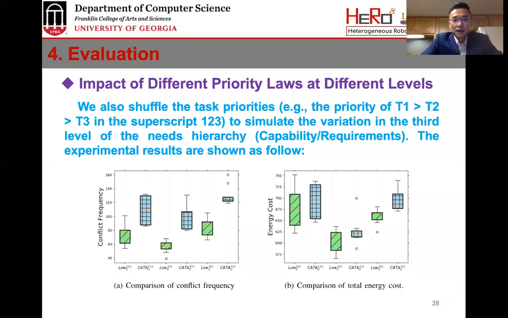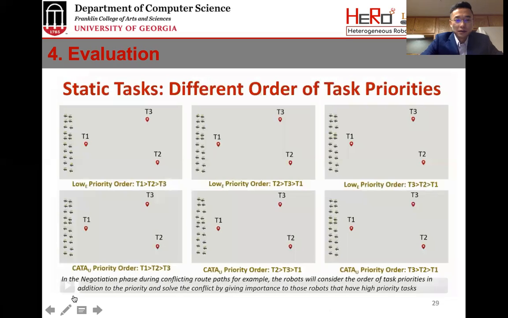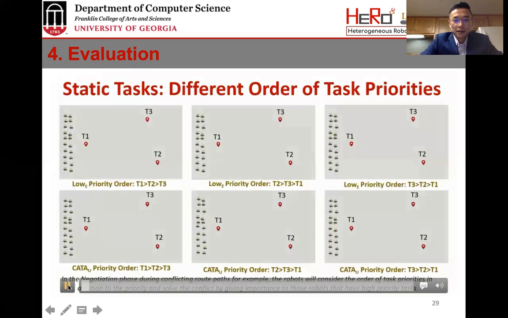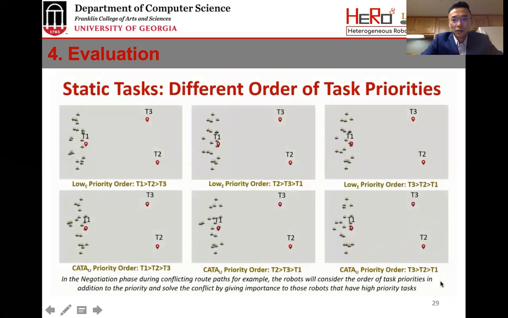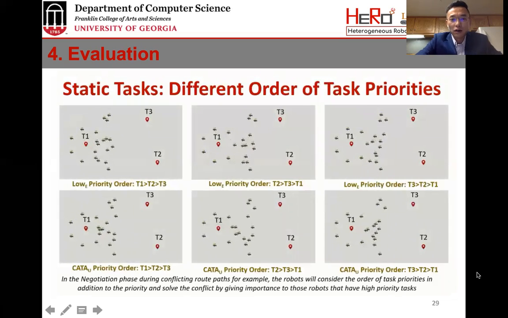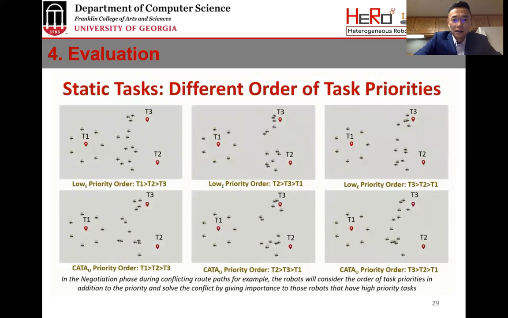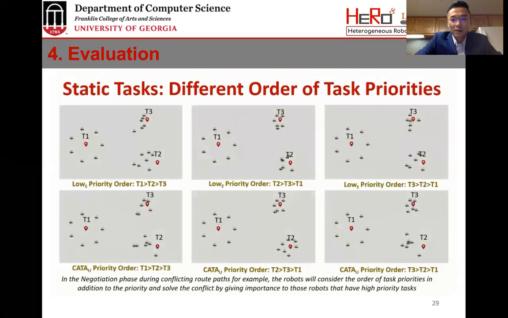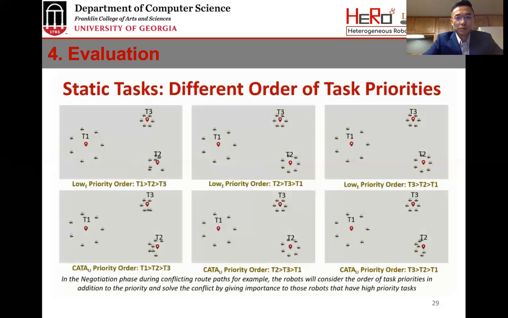So we also shuffled the task priority to simulate the variations in the third level of the needs hierarchy. As you can see, we consider different task priority orders, and the group also represents different performance and behaviors.